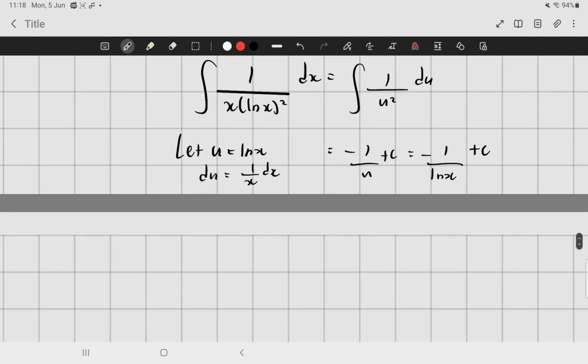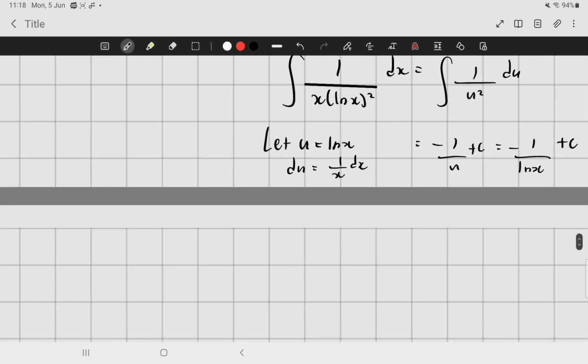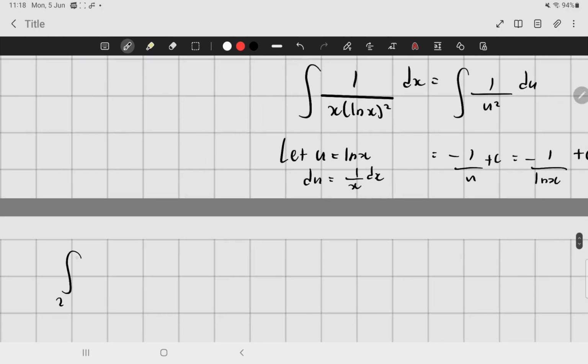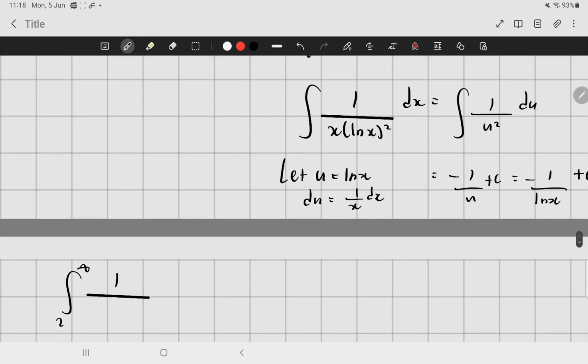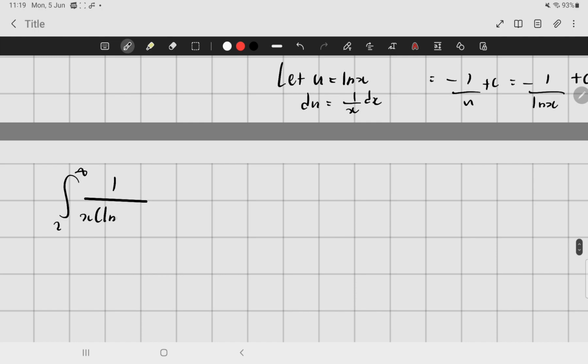We want to solve our definite integral. So we have, I'm going to start right here, the integral from 2 to infinity of 1 over x times ln x squared dx. Now by taking the limit as b approaches infinity of the integral from 2 to b of 1 over x ln x squared dx, and then solve the improper integral.